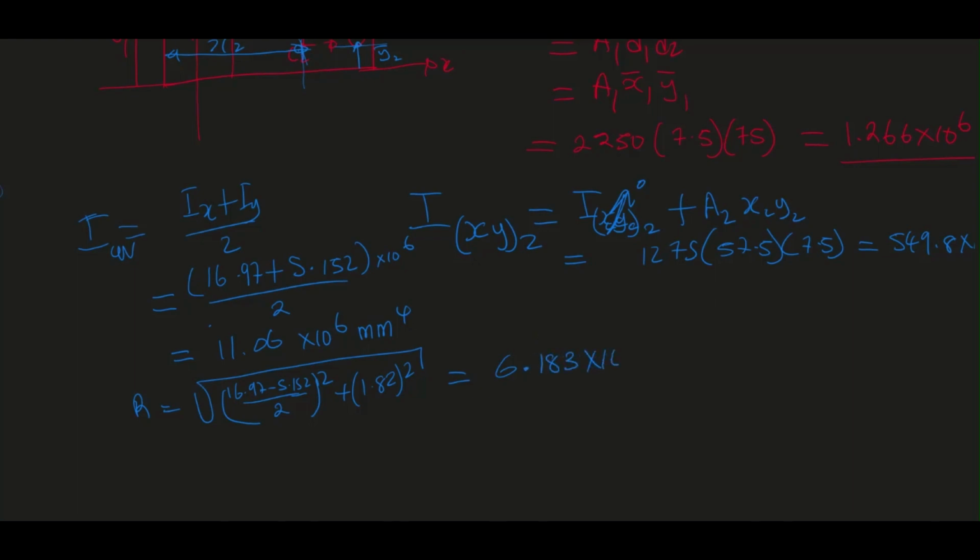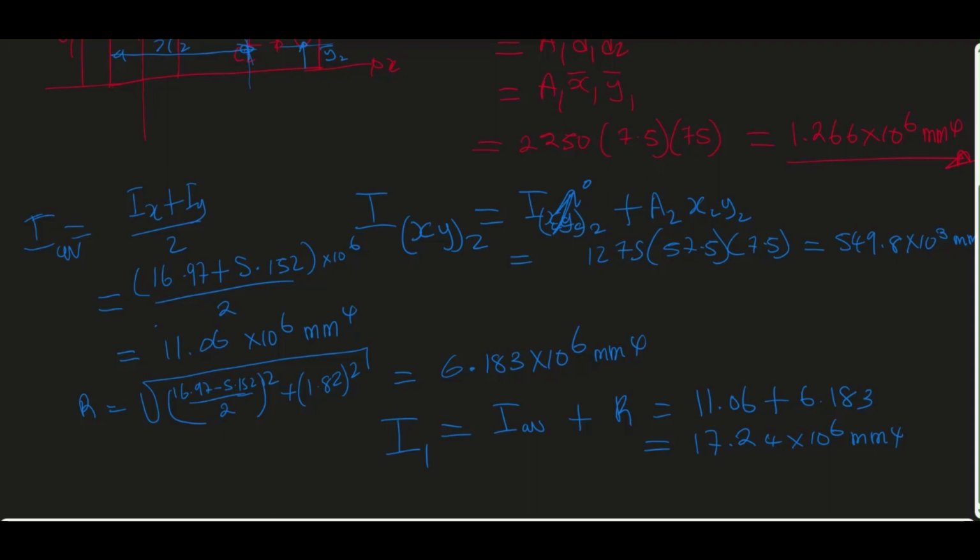That gives 6.183 times 10 to the power 6. Right. Therefore, I1 is equal to I average plus R, which is 11.06 plus 6.183, giving us 17.24 times 10 to the power 6 millimeters to the fourth power.